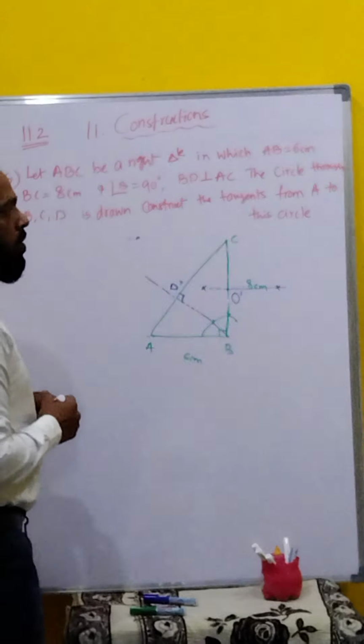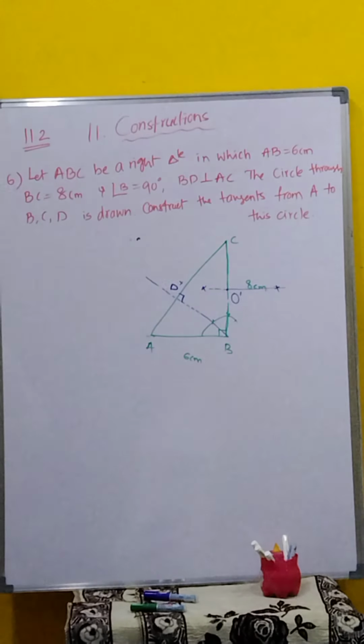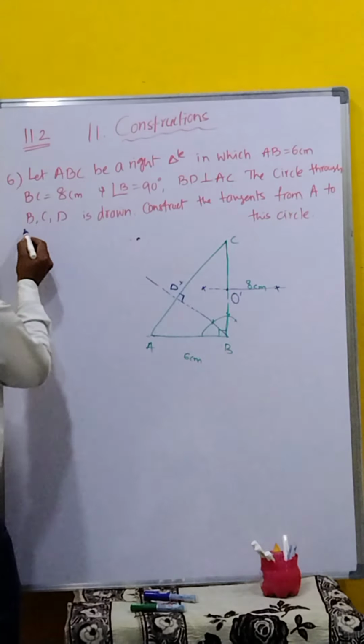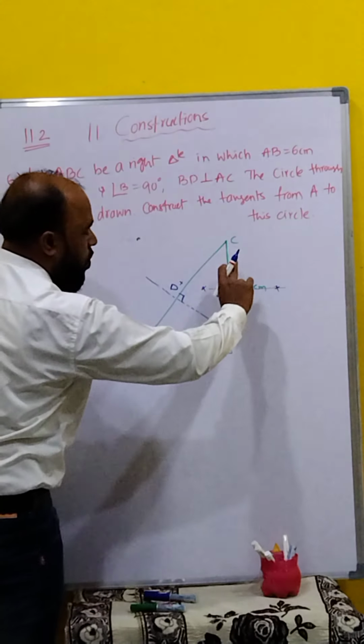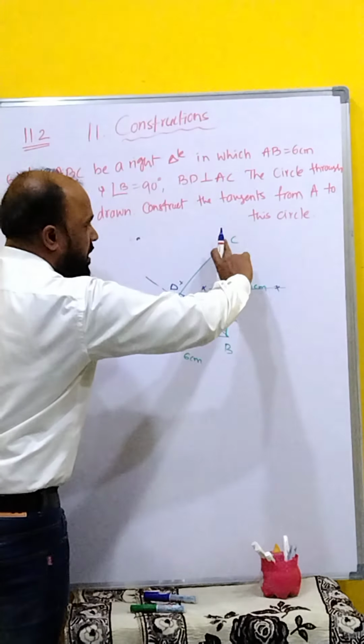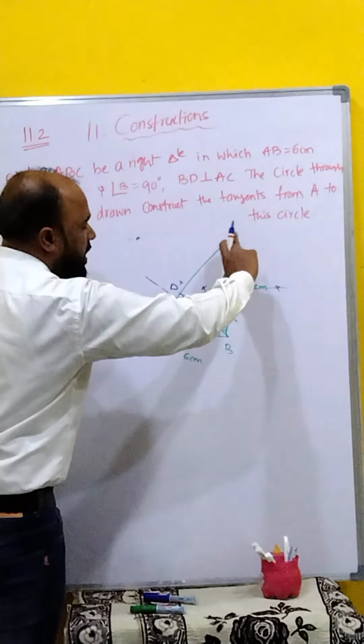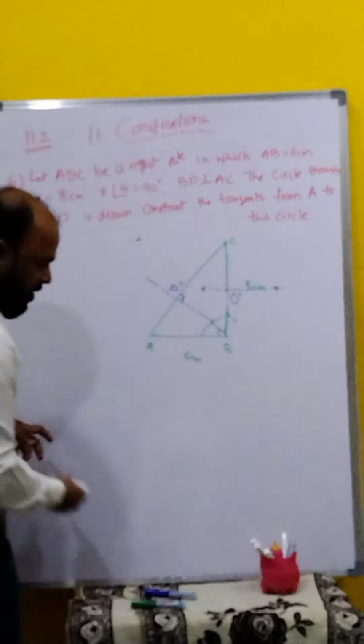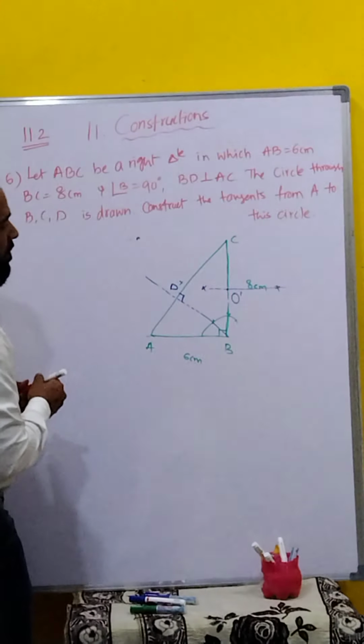Now with O as a center, draw a circle. It is passing through B, C, D. O dash C as a radius. Draw a circle, putting a different color here.